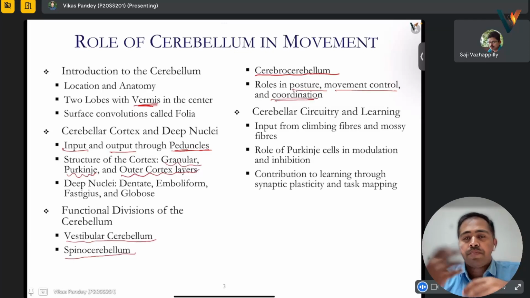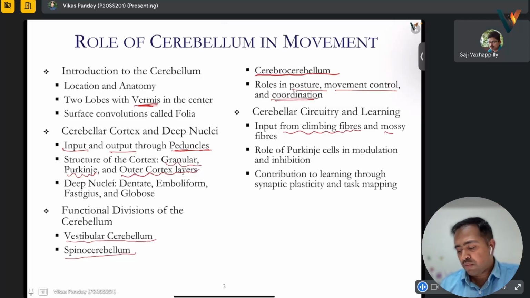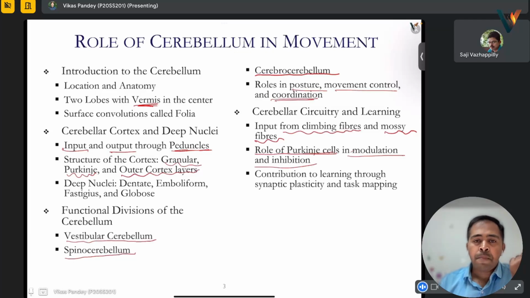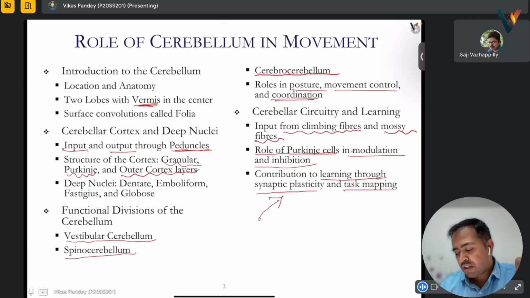And how this whole coordination of movement occurs is that the input is through climbing fibers and mossy fibers. Then Purkinje cells have a role in modulation and inhibition of these signals, and this also contributes to learning through synaptic plasticity and task mapping.